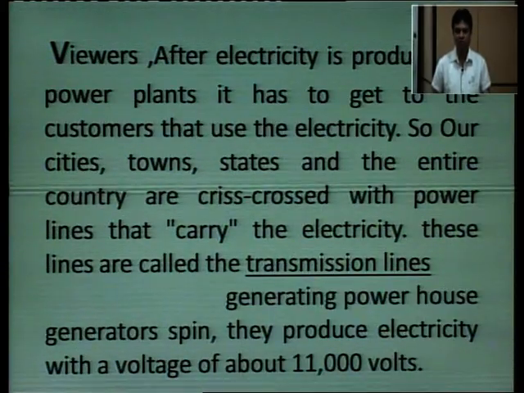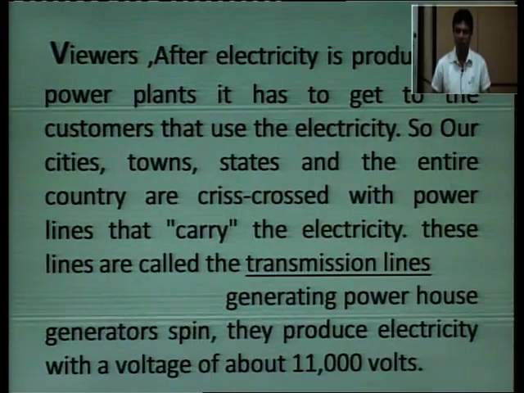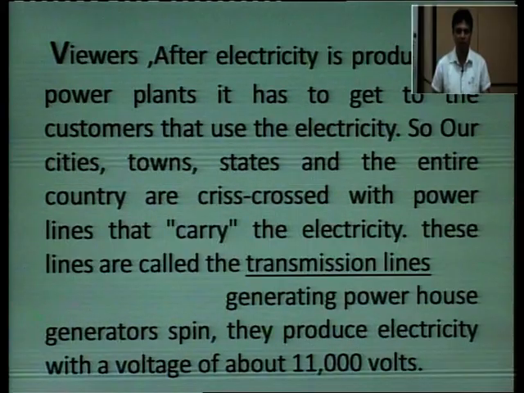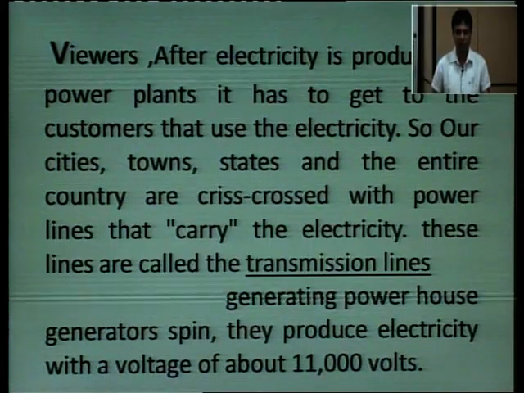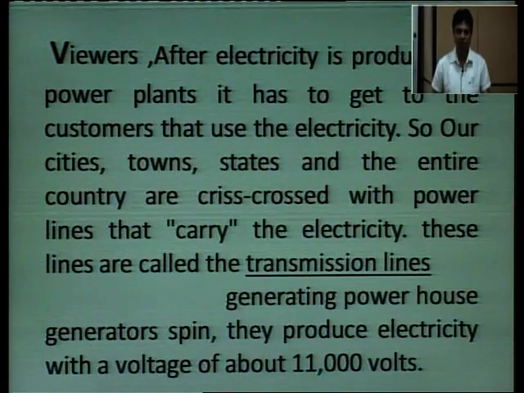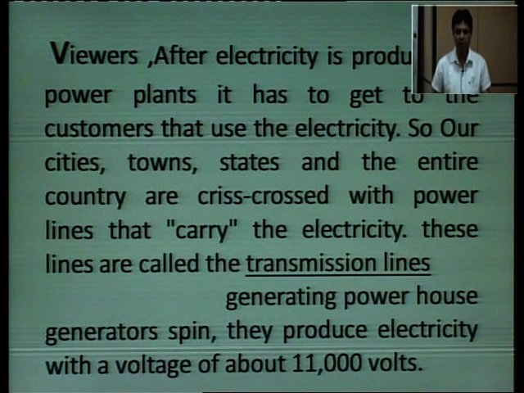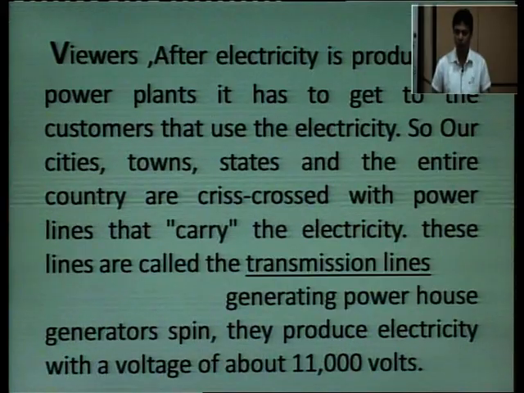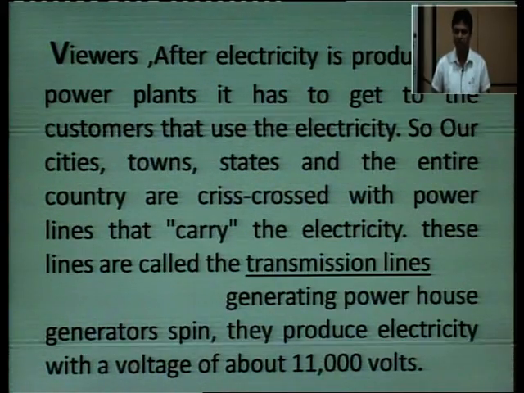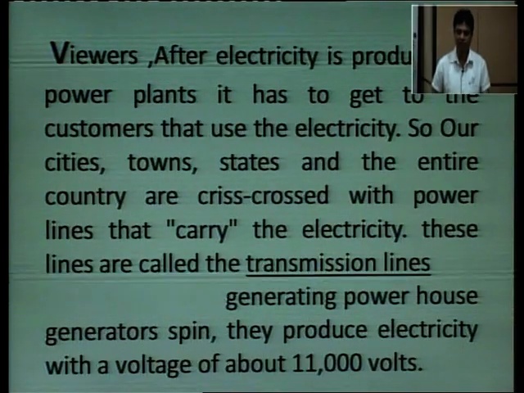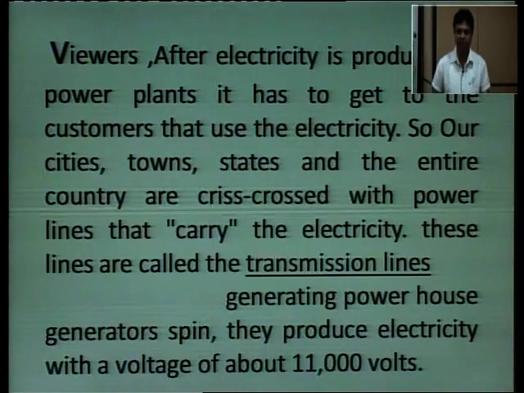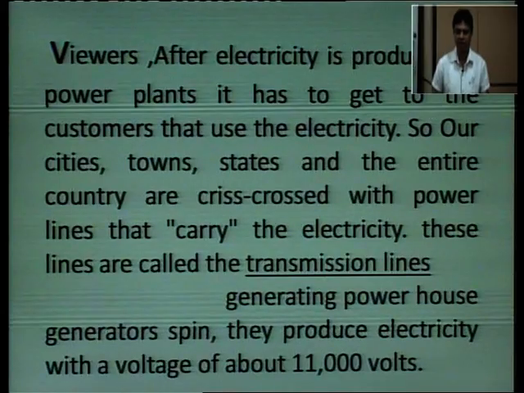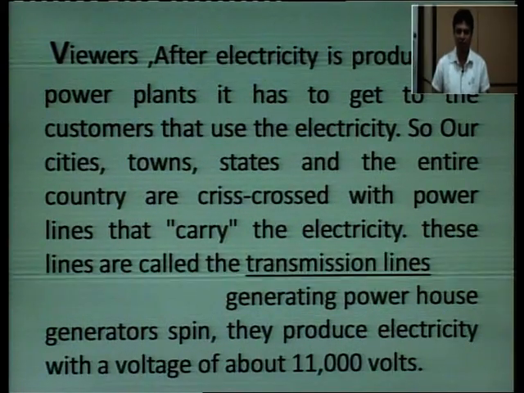As we know, when the generators in the generating powerhouse spin, they produce electricity with a voltage of about 11,000 volts, or 11 kV. We are already familiar with the term generator. A generator is a machine in which there is a conversion of one form of energy to another.